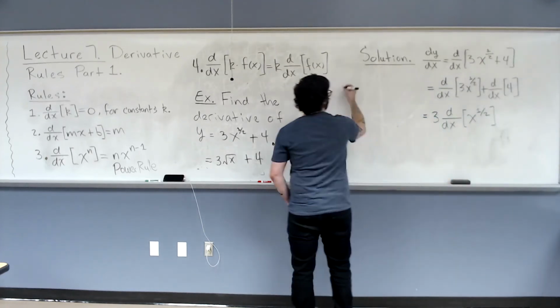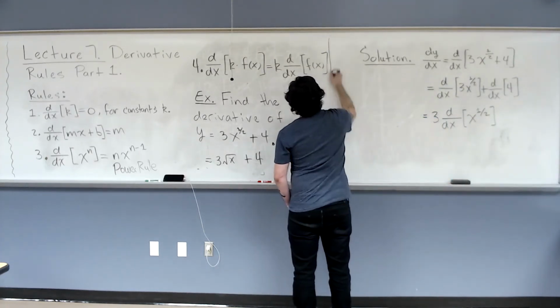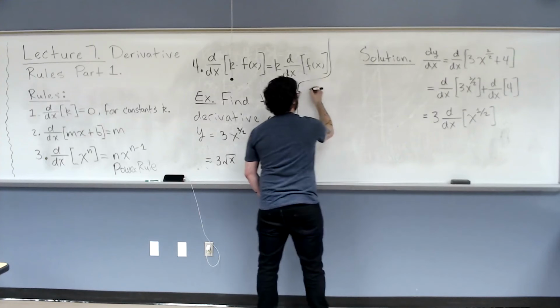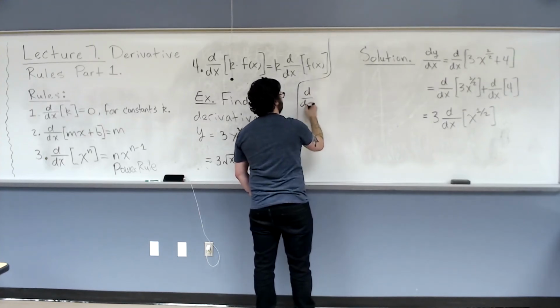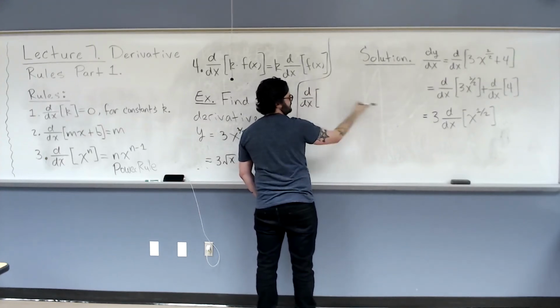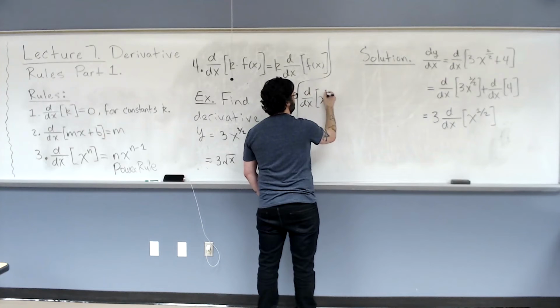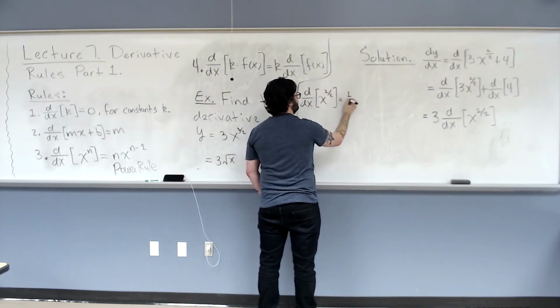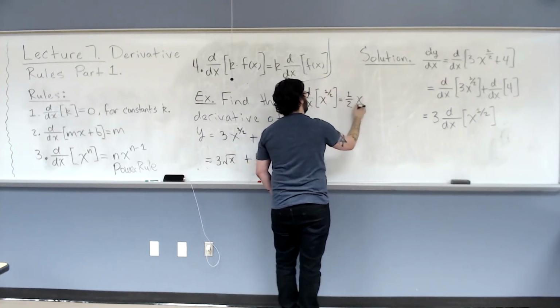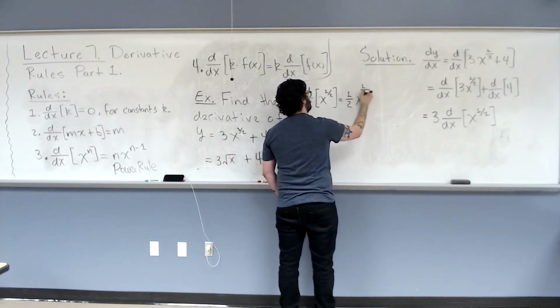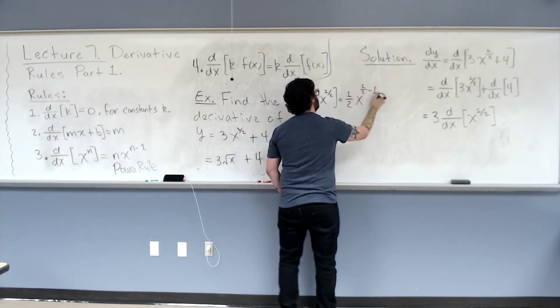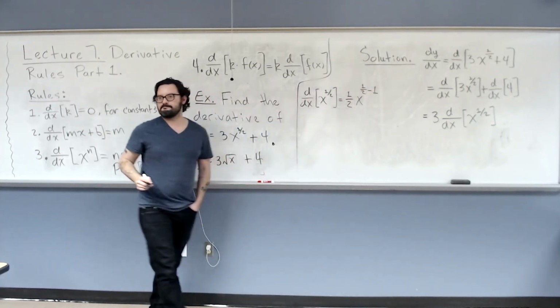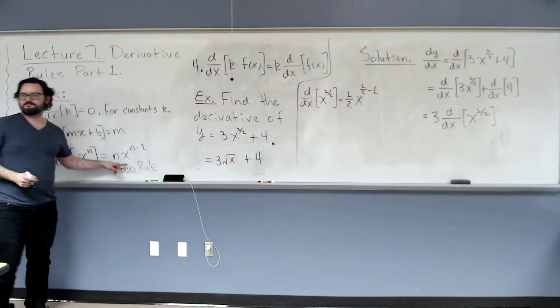So maybe in my solution, I'll be over here, and I'll say, okay, the derivative of x to the 1/2, that piece that I'm concerned with, well, I apply the power rule and I get 1/2 times x to the power 1/2 minus 1.